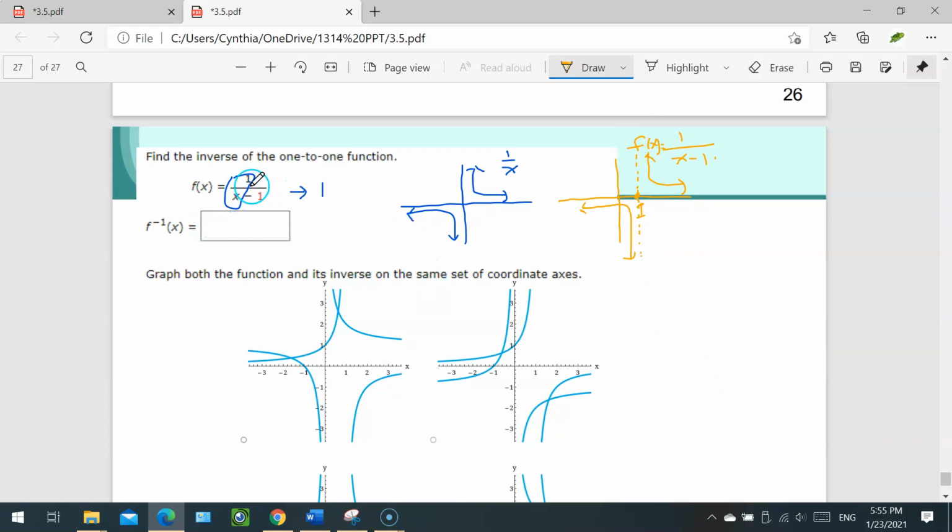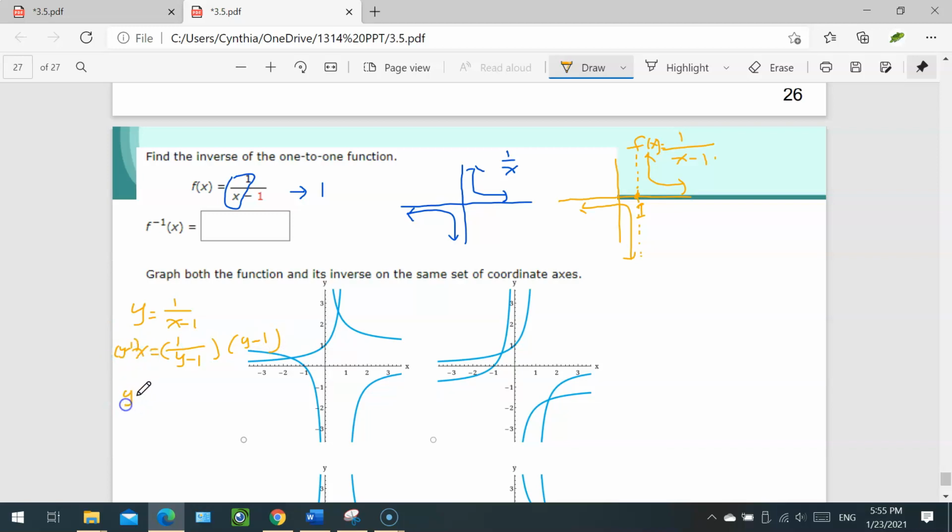Now finding the inverse of this one, we do the work here. Rewrite f of x as y equal 1 over x minus 1. Interchange x and y. Now we solve for y. So I multiply y minus 1 on both sides. Now we distribute it.